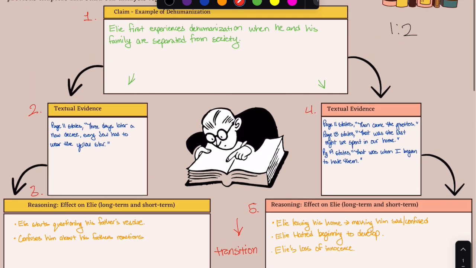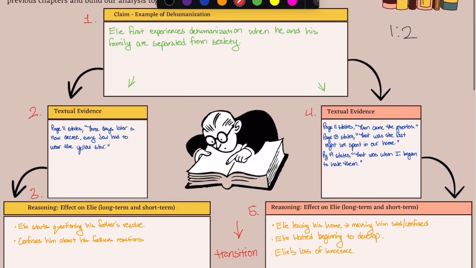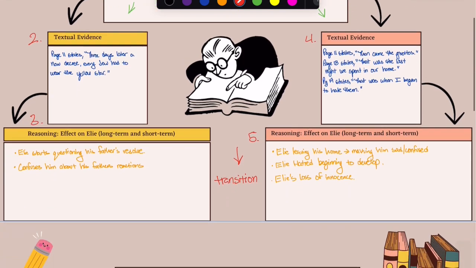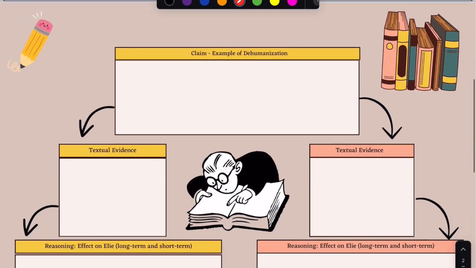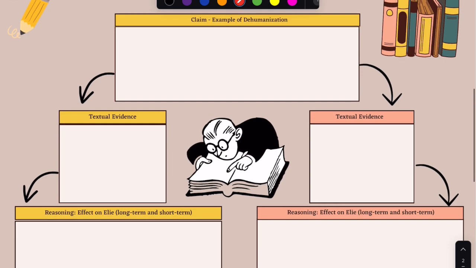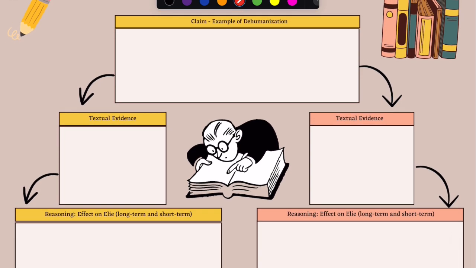I'm going to go ahead and do the second paragraph now. So pause the video right here if you need to catch up with all of this. If not, let's move right along. Okay, so let's switch to our green because now we want to make another claim. So now we're on body paragraph 2.